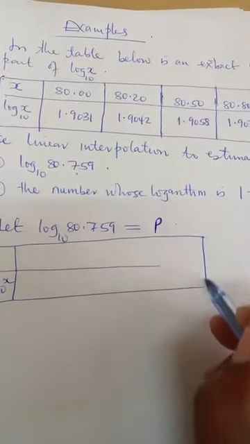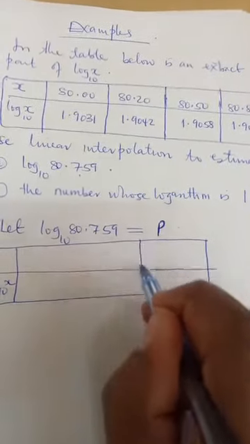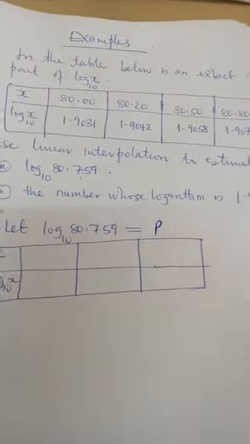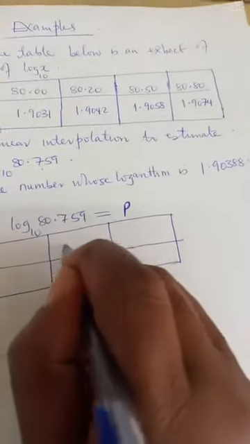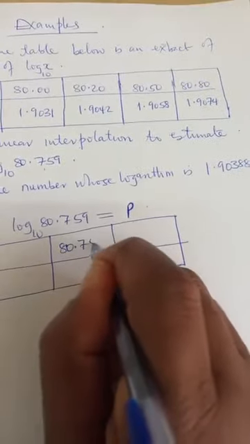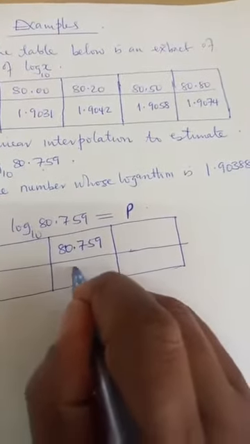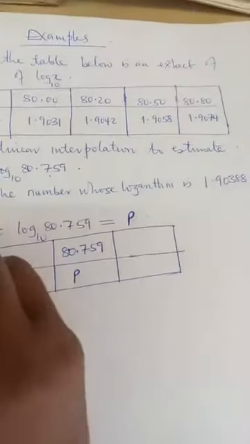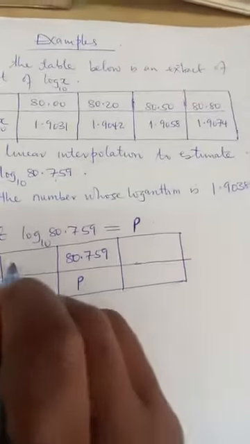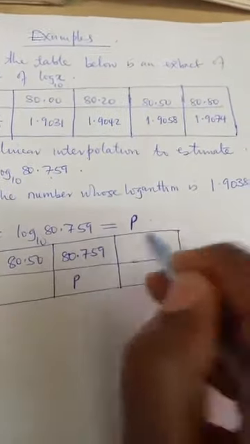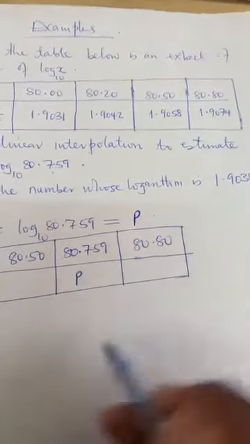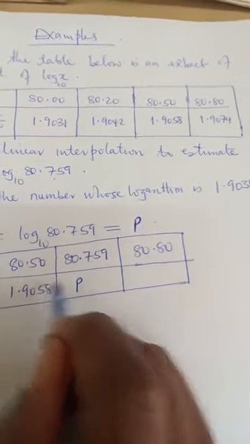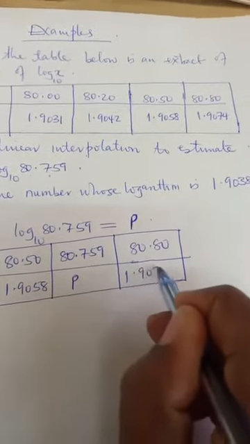I need to identify only 3 values that we need to use. Since we are using interpolation, the value we are looking for should be in the middle. So our 80.759 is here, and I've called this value P. That is for part A. 80.759 is between 80.50 and 80.80. So we have these values as I shared earlier, and we have only one missing value.